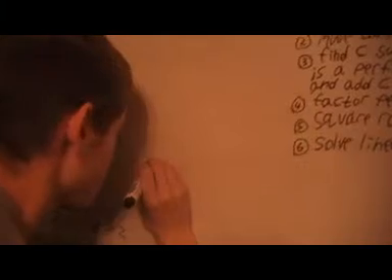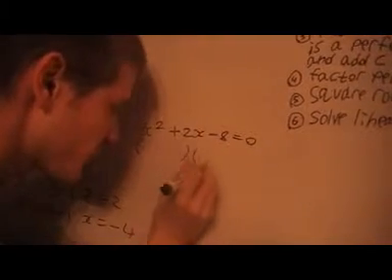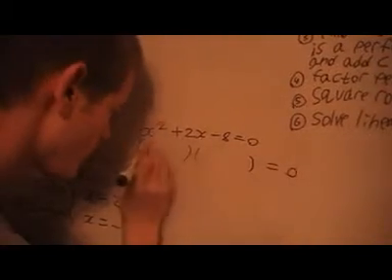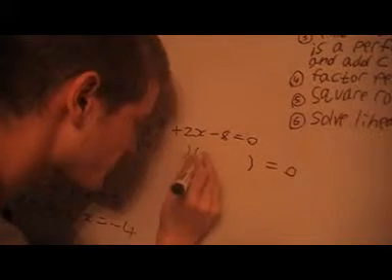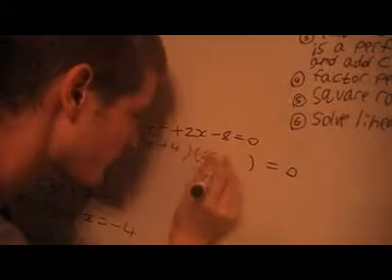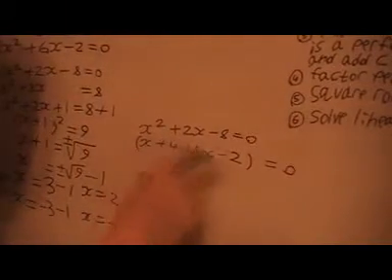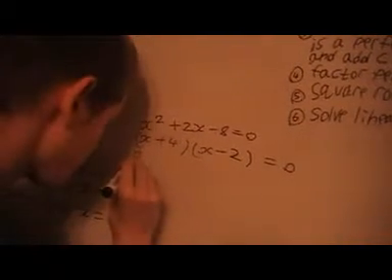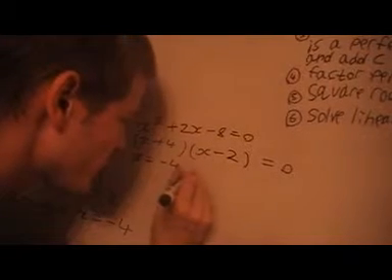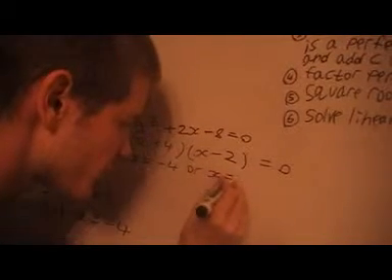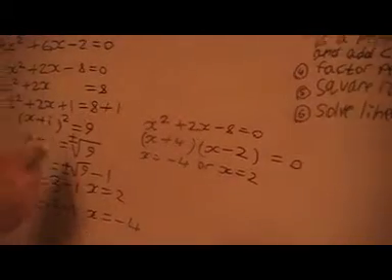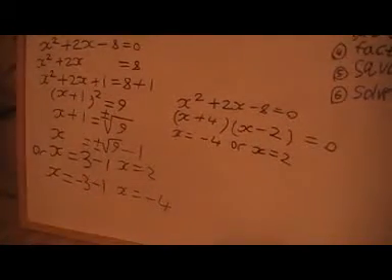And actually, this equation up here factorizes, so what we can do is we can quickly check x squared plus 2x minus 8 equals 0 by factoring. And I'm going to do this really quick so we've got more time, so you can check this later if you want. Then when we factor it, here we get x is equal to minus 4, and then here we get x is equal to 2, which is the same as what we get here by using the method of completing the square.